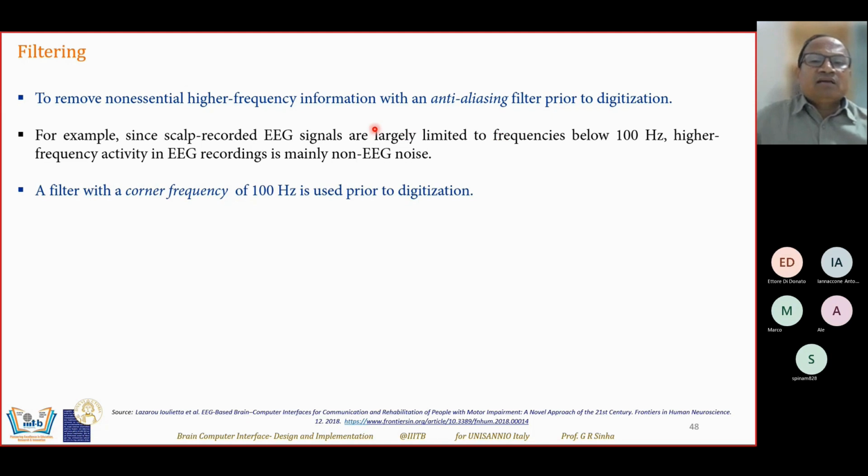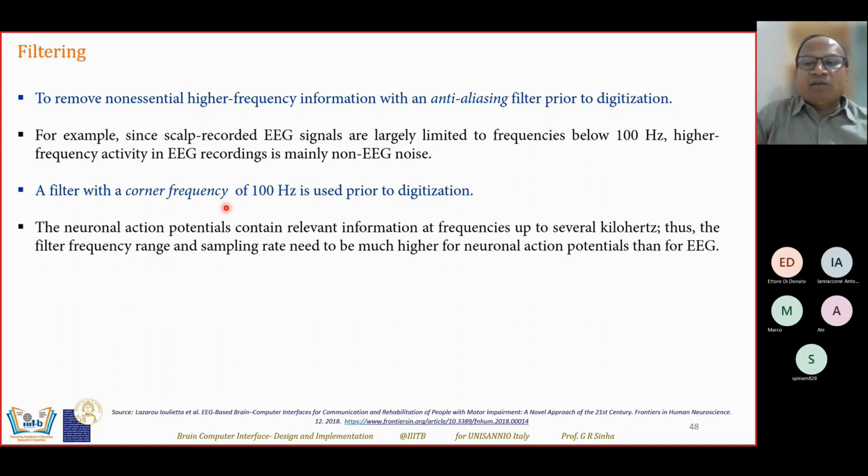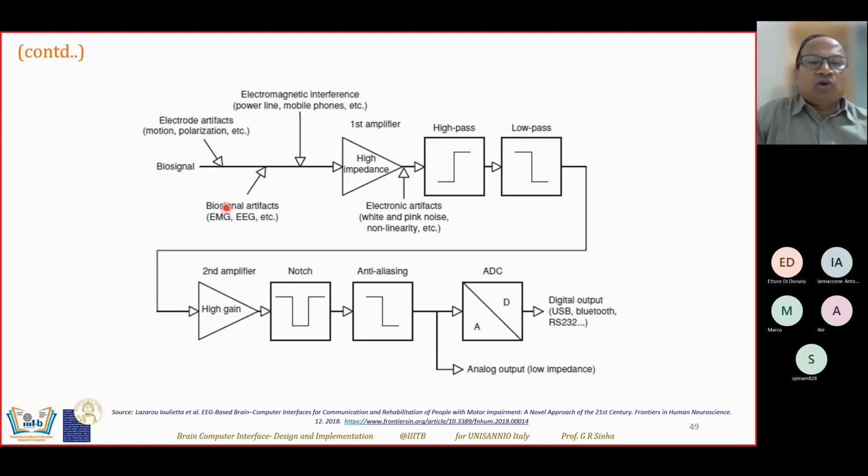So say the frequency is below 100 hertz. If you don't want more, if you don't want less, accordingly a filter can be designed, and based on the breakpoint or cutoff frequency, you can pass any frequency either below or above that frequency, depending on what kind of signal you want.